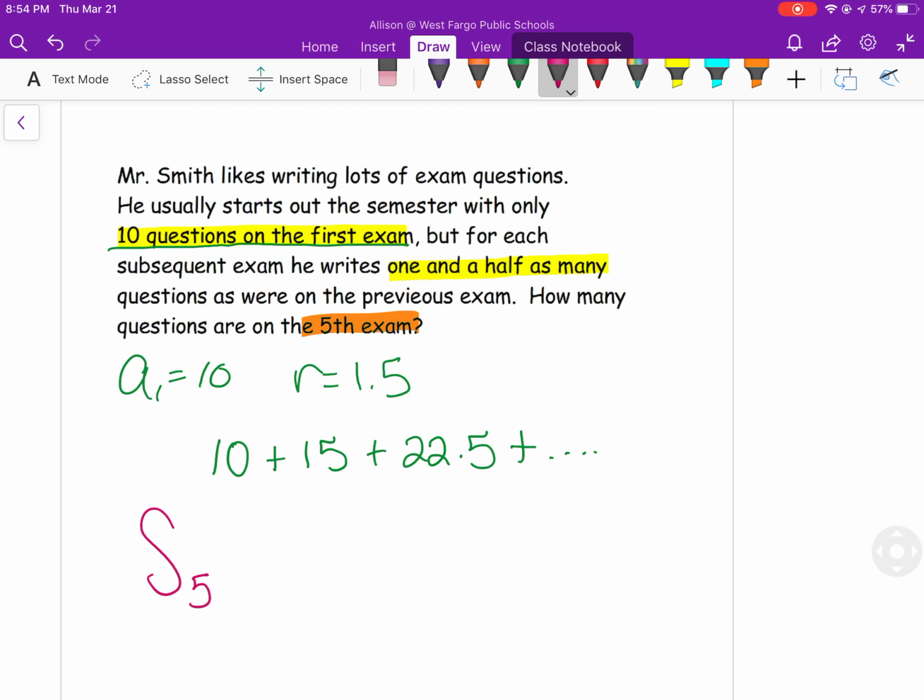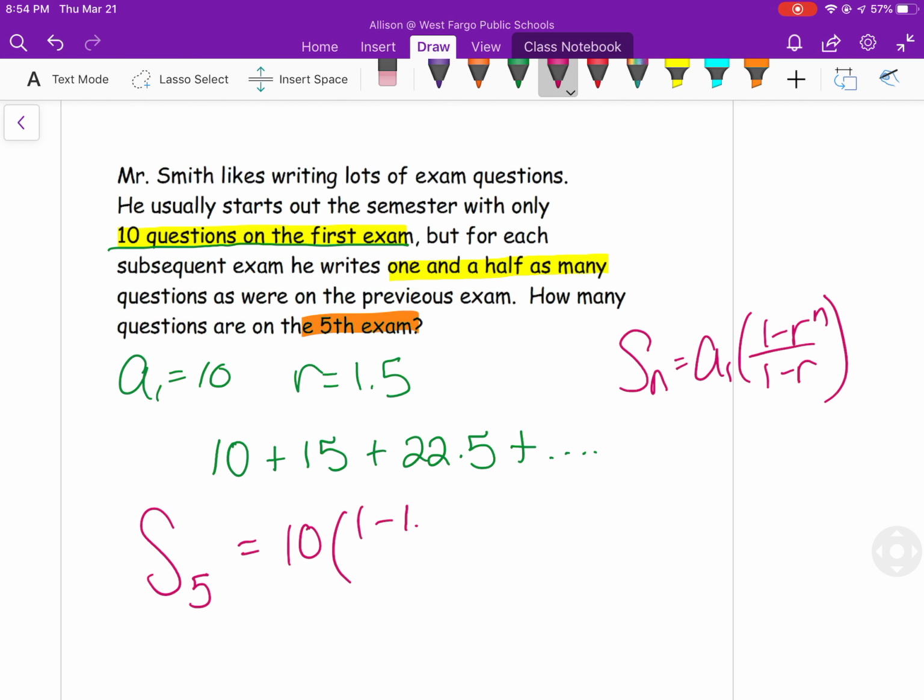And so I can use the formula to help me out here. Just a reminder, it's S sub n equals a sub 1 times (1 minus r to the n) over (1 minus r). So a sub 1 is 10, and r was 1.5, and we wanted the sum of the first five terms, so n is 5, and then 1 minus 1.5.